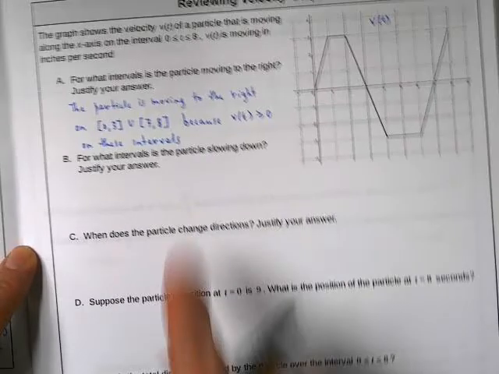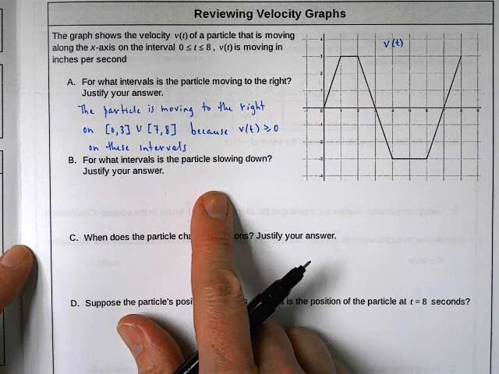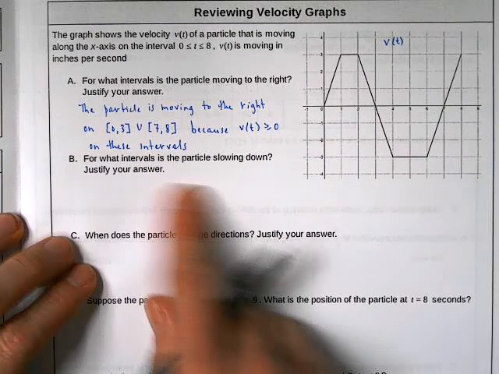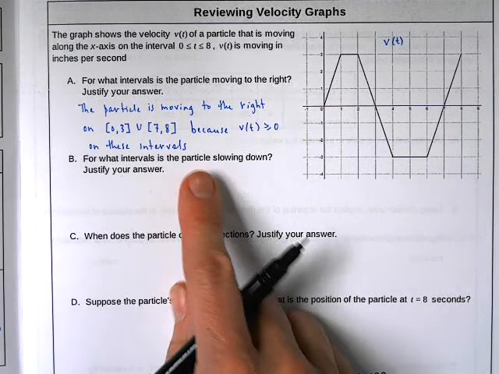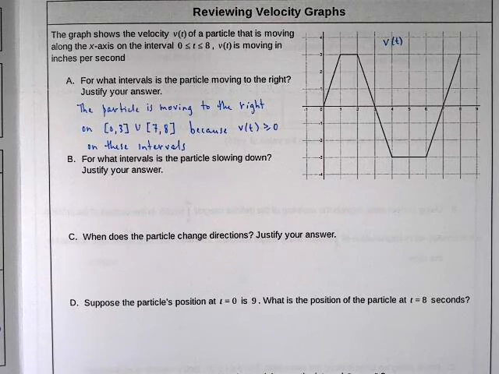For part B, it says, for what intervals is the particle slowing down? So we actually have to take a couple cases into account. We said it's slowing down where velocity and acceleration have opposite signs.